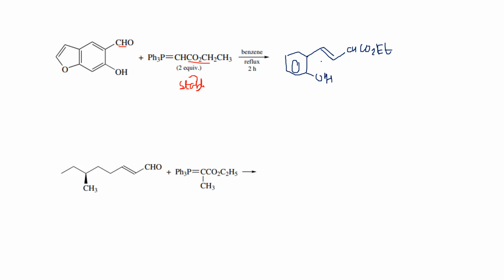This can attack at this position, but it's not possible as it's not an alpha-beta unsaturated double bond, because there is a CH. Now this is also a stable halide and it will form a trans double bond.